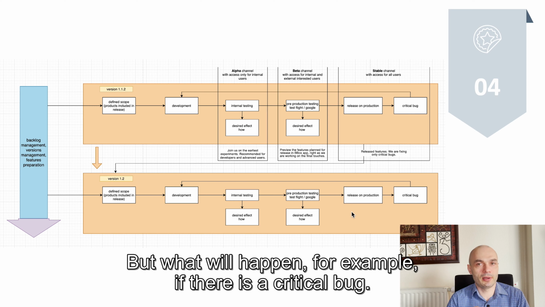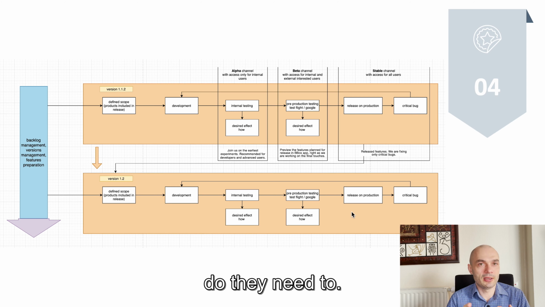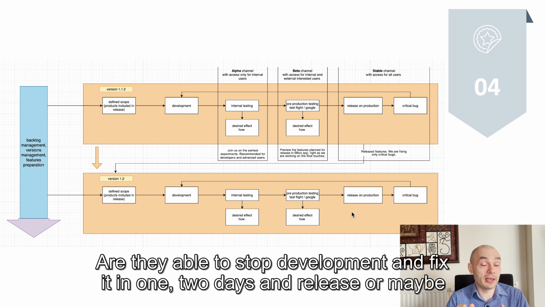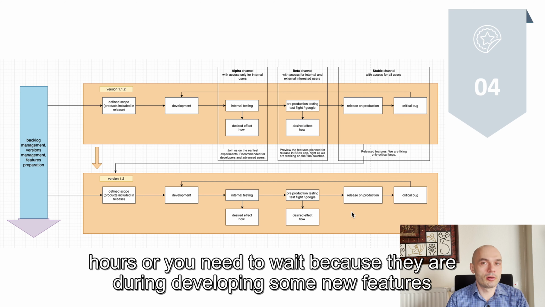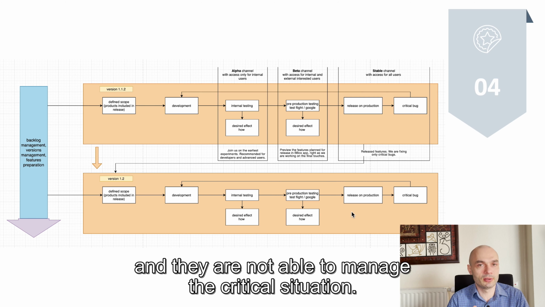But what will happen, for example, if there is a critical bug? Are they able to stop development and fix it in 1-2 days and release, or maybe in hours? Or do you need to wait because they are developing some new features and are not able to manage the critical situation?